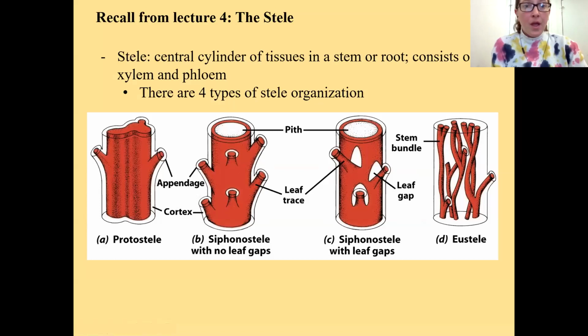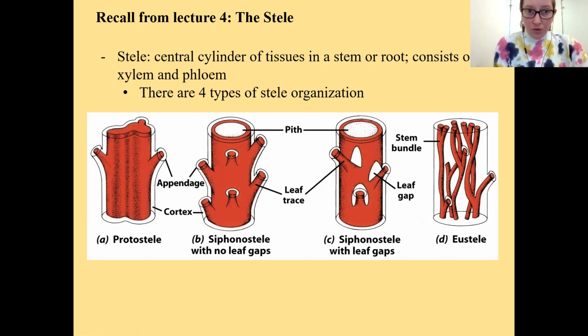All right, so you remember this really fun slide, right? The stele. Oy, the stele. Just can't get away from it. So remember that the stele, again, we're talking about the stems, we're talking about growth, we're talking about tissues that are inside of stems and tissues that are responsible for different types of growth.